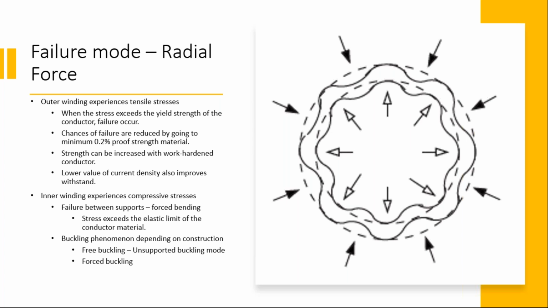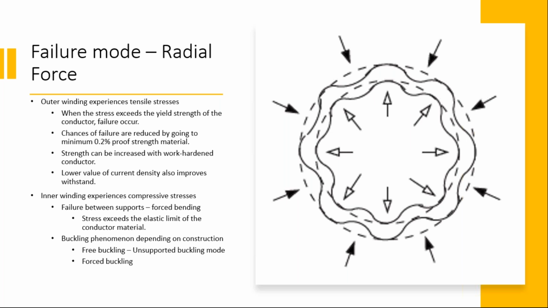For the outer winding, the force generated is circumferential, and this is resisted by the strength of the conductor, which is the yield strength of the conductor. If the stress is more than the yield strength, normally the failure occurs, and this is very rare for a transformer outer winding to fail during short circuit.